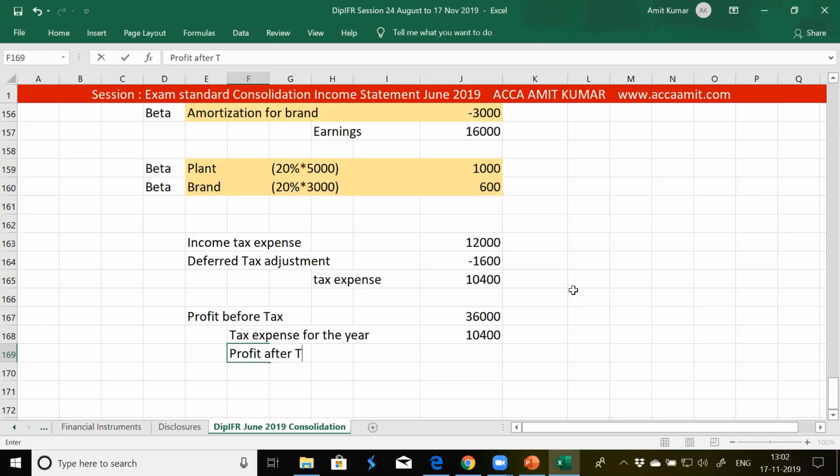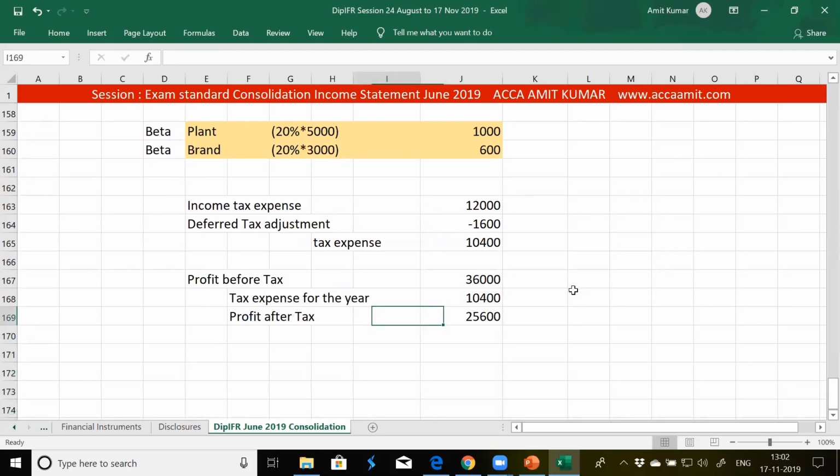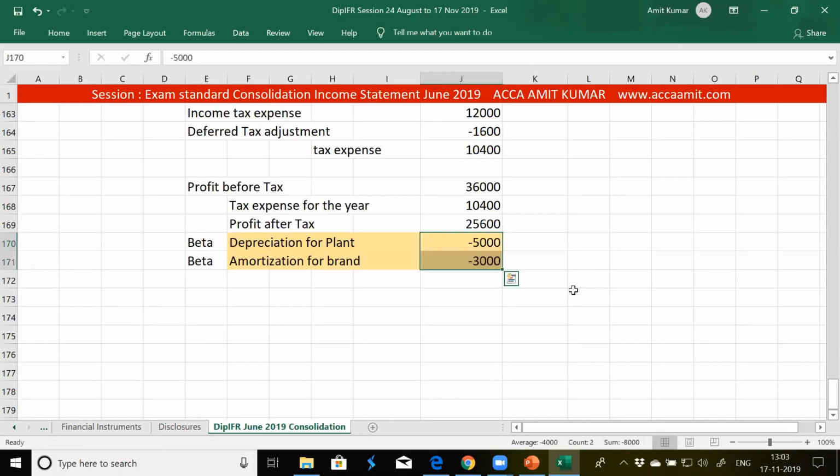Profit after tax, from this less depreciation of plant and machinery, is equal to 25,600 minus 5,000 minus 3,000, is the adjusted profit for the year.